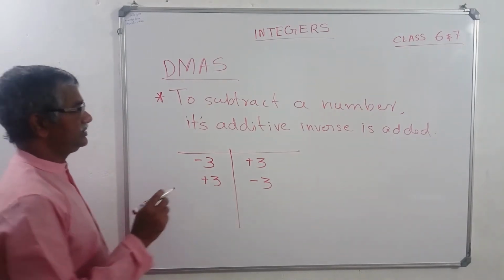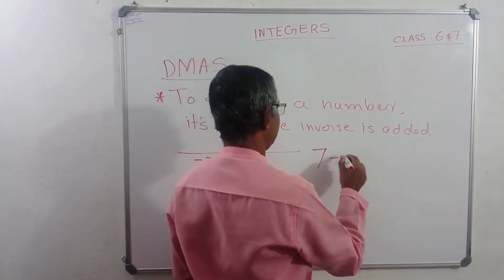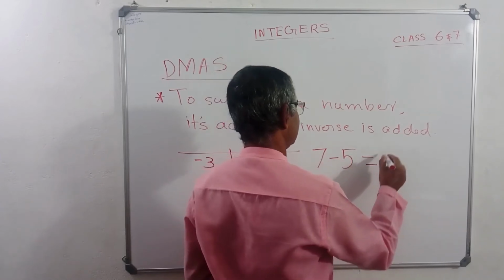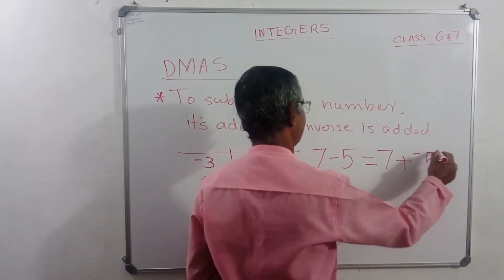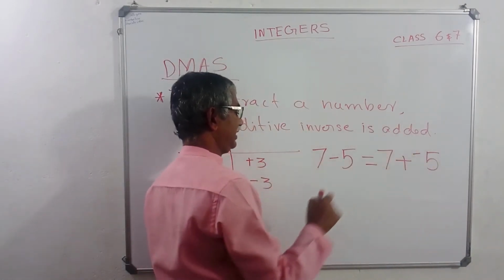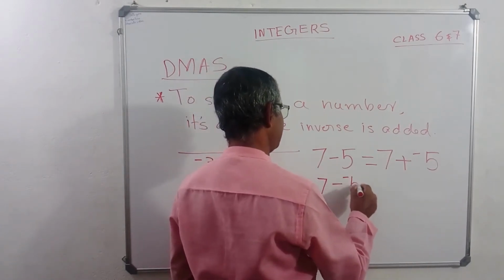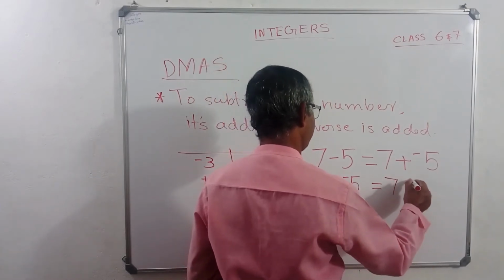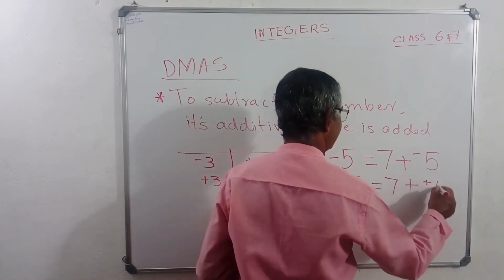So consider 7 minus 5, which means 7 plus negative 5. The additive inverse of 5 is negative 5. Again, 7 minus negative 5 is equal to 7 plus the additive inverse of negative 5, which is positive 5.